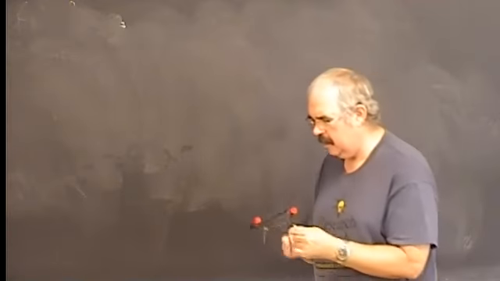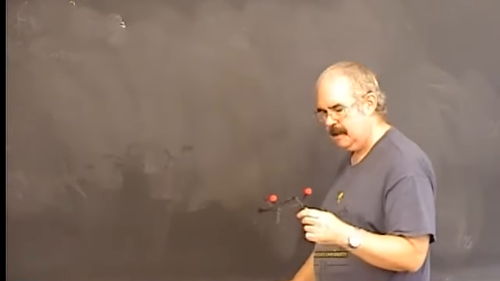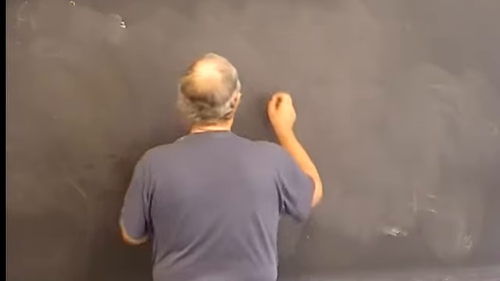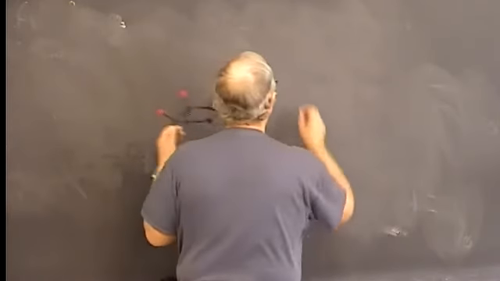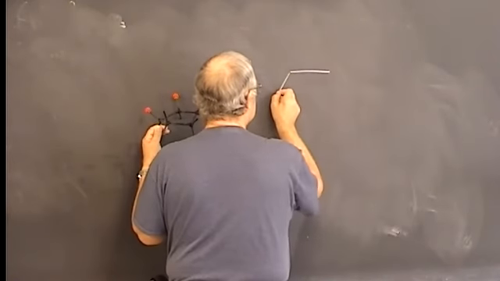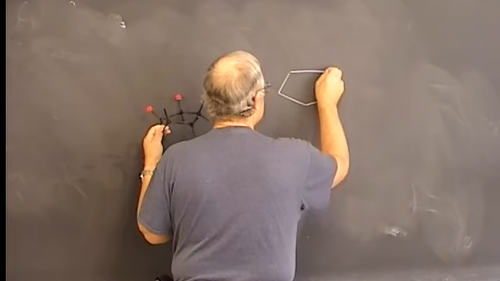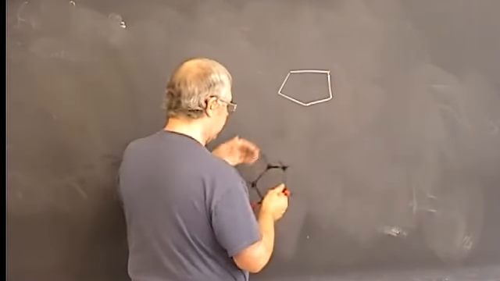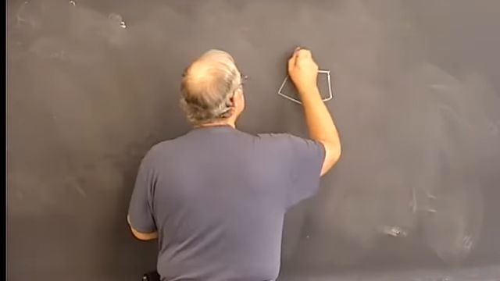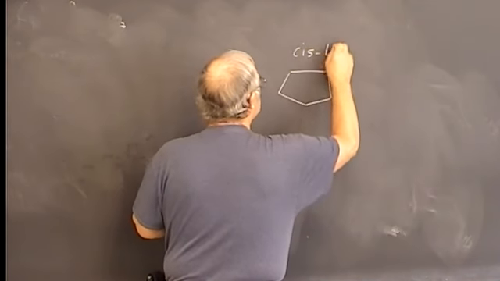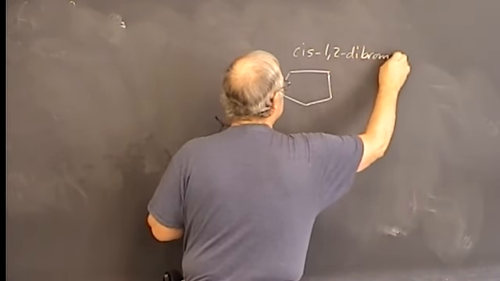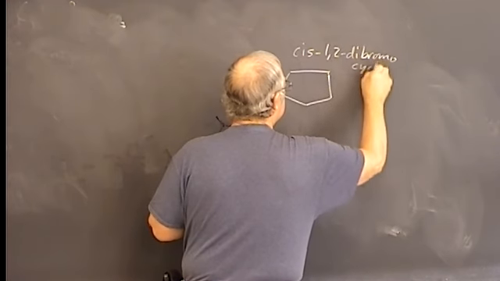So this would be 1,2-dibromocyclopentane, and this is the cis isomer. There's a couple of different ways we could represent that. So this is the cis cyclopentane.